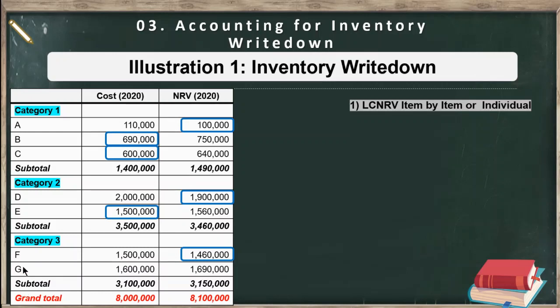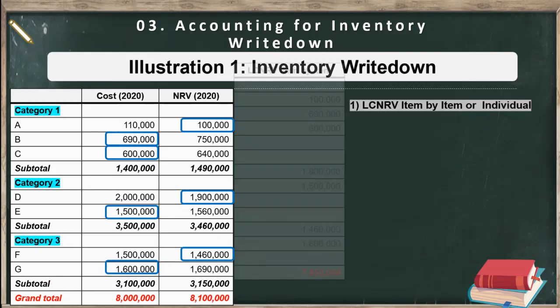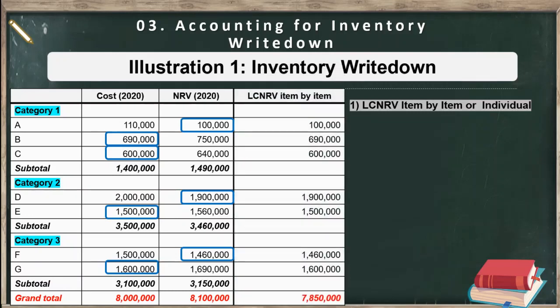And for inventory G, the lower amount is the cost, 1,600,000. If we sum up all of the lower amounts between the cost and the NRV for each item, we will get 7,850,000. Again, that's for the item by item or individual basis.